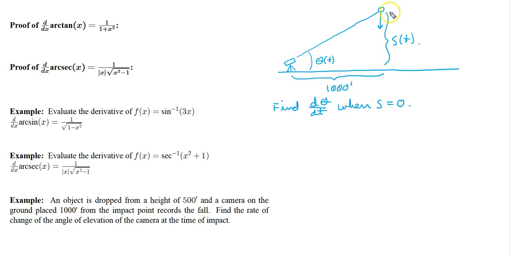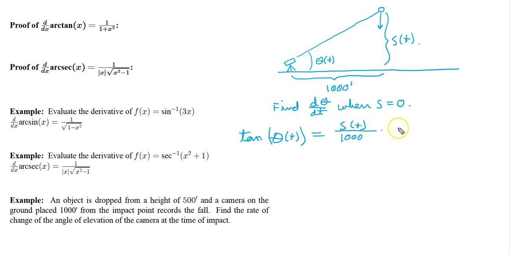Now from this picture here, let's notice that we can write the tangent of theta of t. Notice that that is going to be equal to that. Now let's see if we can find s as a function of time t.